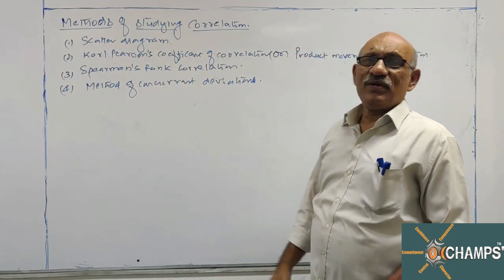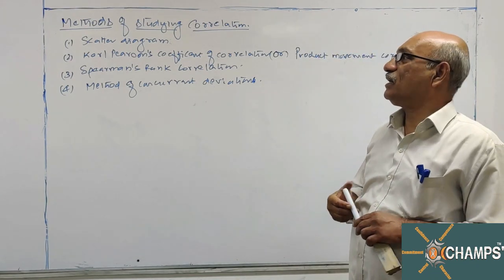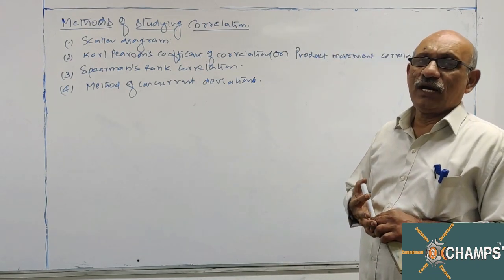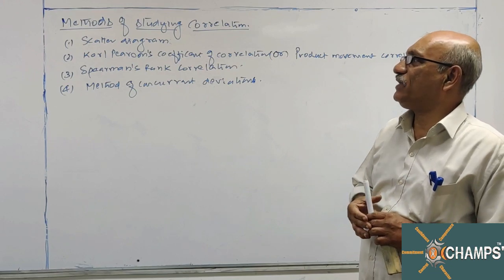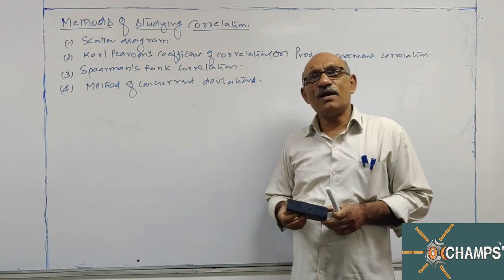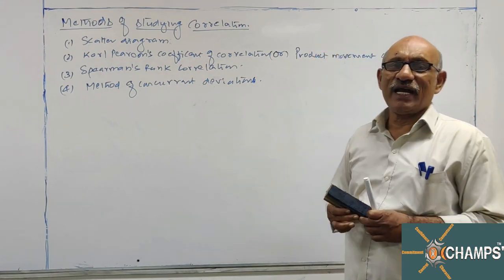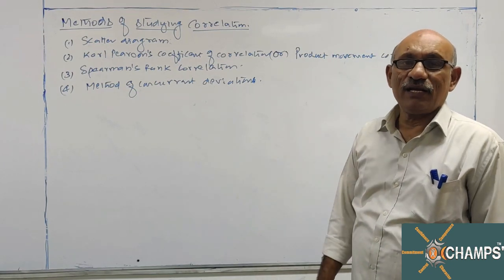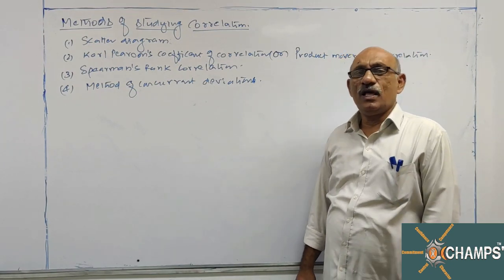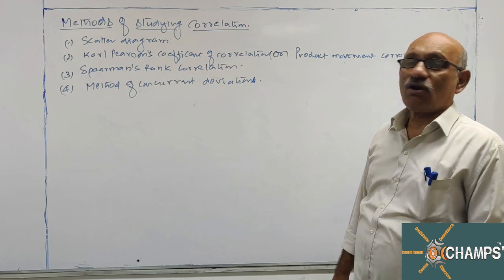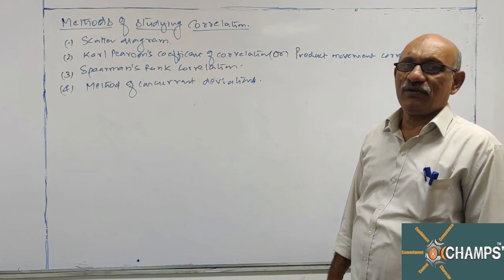Now, scatter diagram is a graphical representation for finding out the nature of relationship between the two variables.